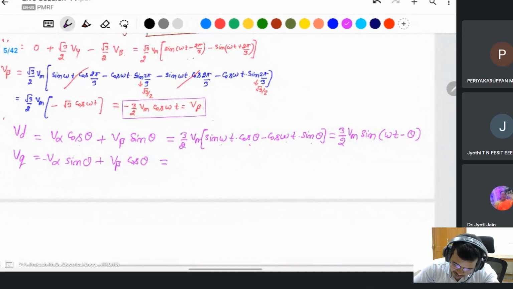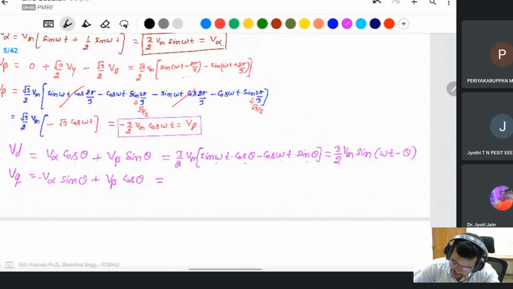In the Vq transformation, both have 3 by 2 Vm as common. This is minus sin theta, and this is sin omega t, so it will be minus sin omega t into sin theta.